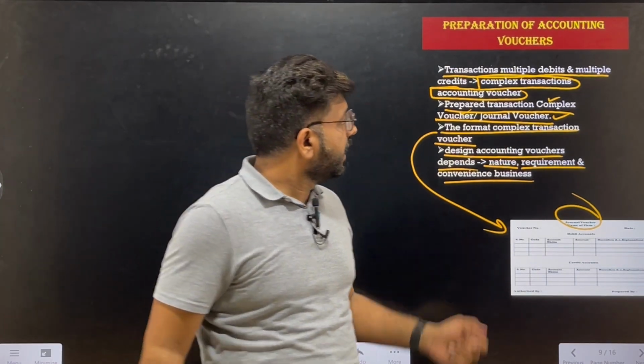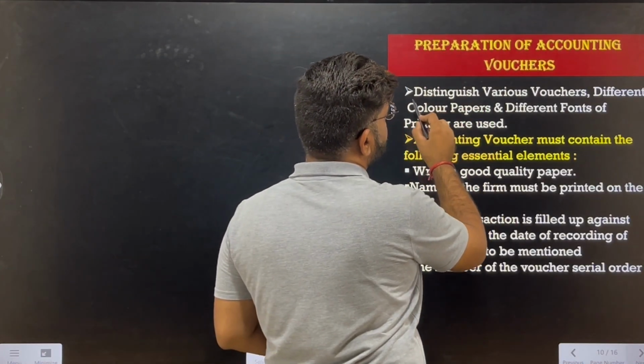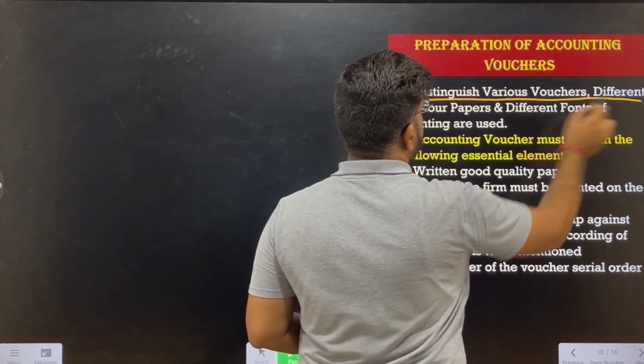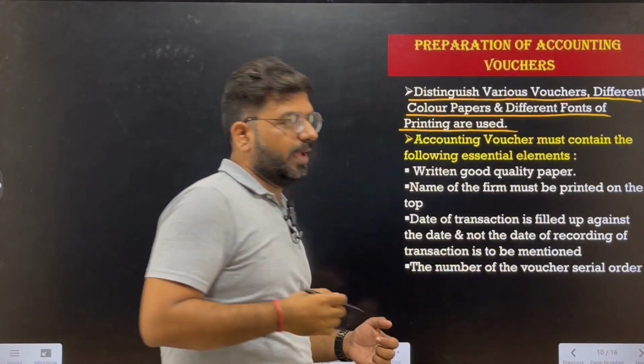Next, now we will be distinguishing between various vouchers. Different color papers and different fonts of printing are used. All the vouchers are almost similar. As we just saw, debit voucher and credit voucher have only a simple difference.